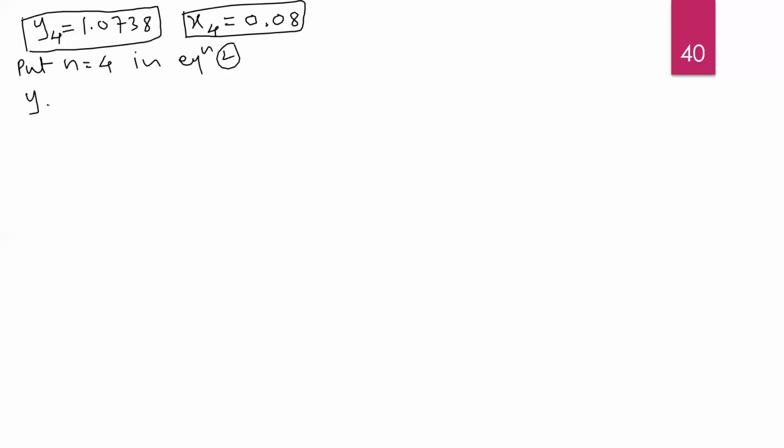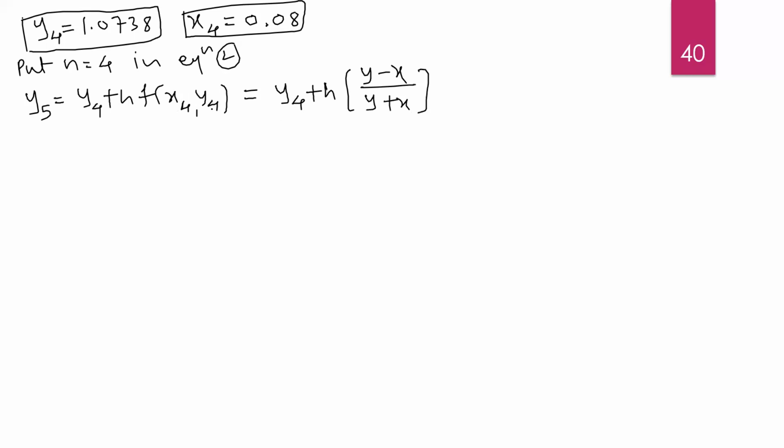That is y suffix 5 is equal to y suffix 4 plus h times function of x4 comma y4, is equal to y suffix 4 plus h. The value of f of x y is y minus x divided by y plus x, but at x4, y4, so we write suffix 4.